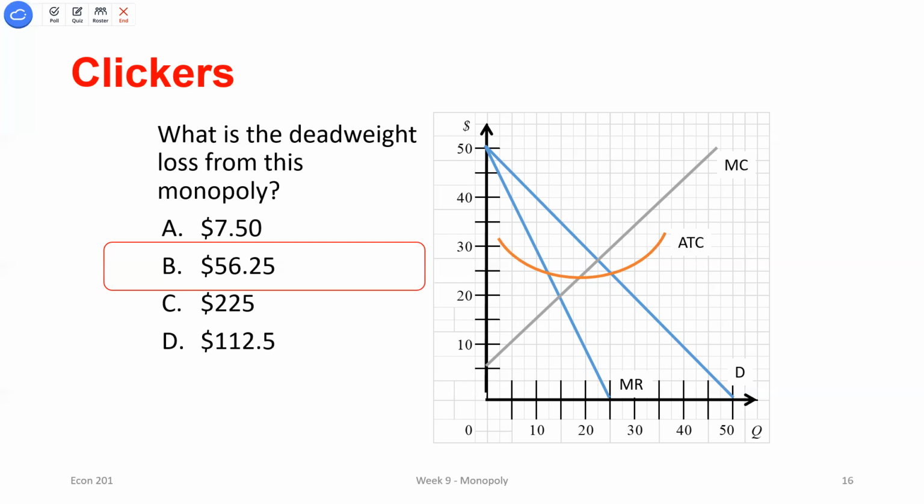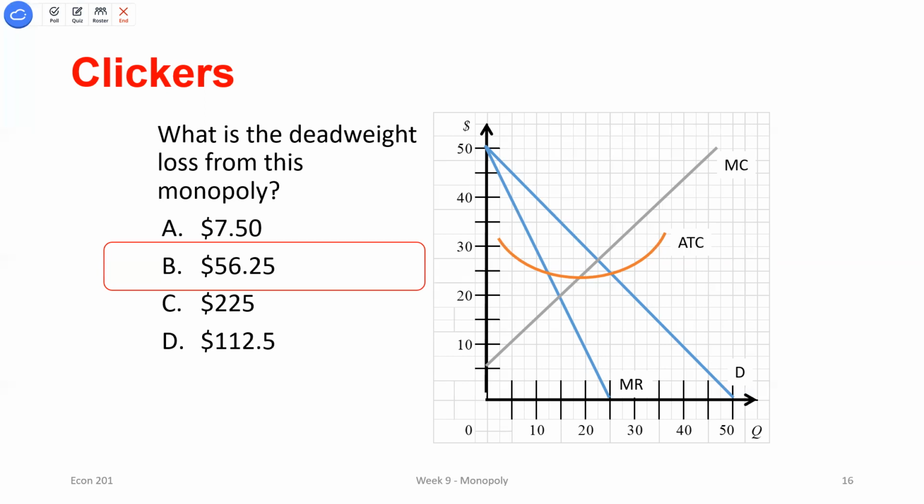Now this one I've got a little bit more work to find because I've got two shapes essentially within here, right? I've got this triangle and I've got this rectangle. So to find the area of that rectangle, 35 minus 20 is the height. The base goes from 15 to 0. It's a rectangle, so I don't have to multiply by 1/2.